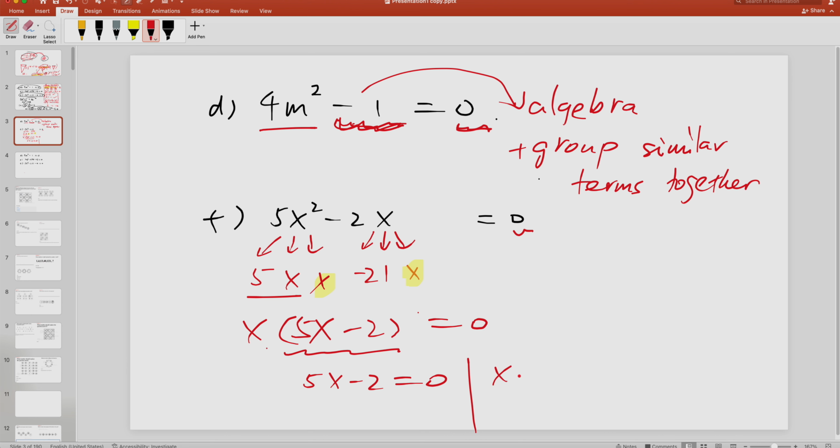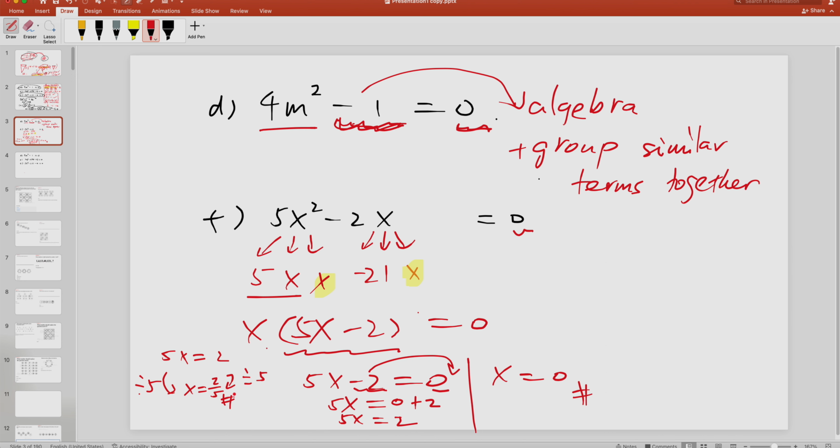So x equals 0. That is one answer. Then you just solve the other bracket algebraically. Minus 2 and 0, similar term, move over. So 0 plus 2. So 5x is equal to 2. You divide by 5 here, so you get 2 over 5. So you have this answer and you have this answer.